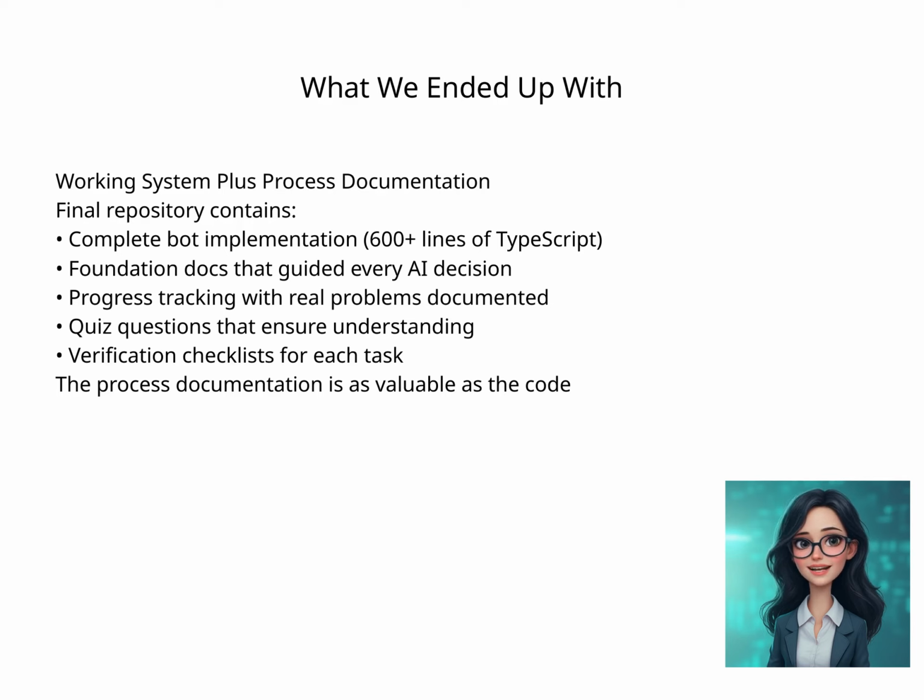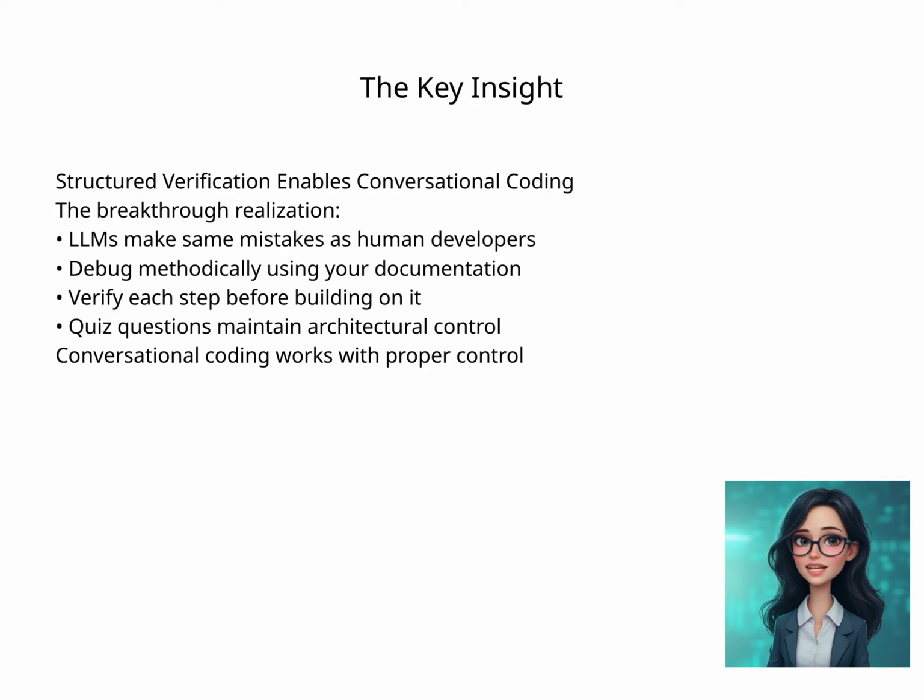The process documentation is as valuable as the final code because it enables future modifications, team adoption, and expansion to other platforms. Without comprehensive documentation, you have working code, but no understanding of why it works or how to change it safely. Structured verification enables conversational coding to work reliably.